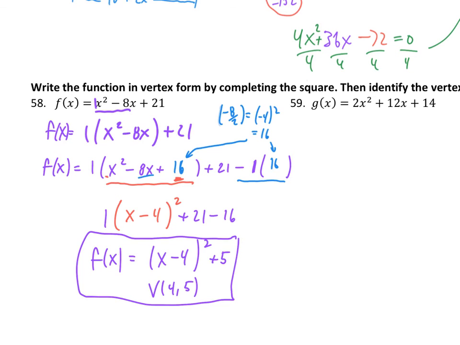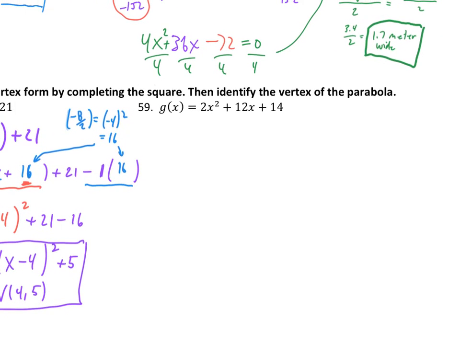There's completing the square here once, and here's the second time. Okay, the first thing I'm going to do is just make sure everything's in the right order. It is. Then the first thing I need to do is take that a value out.